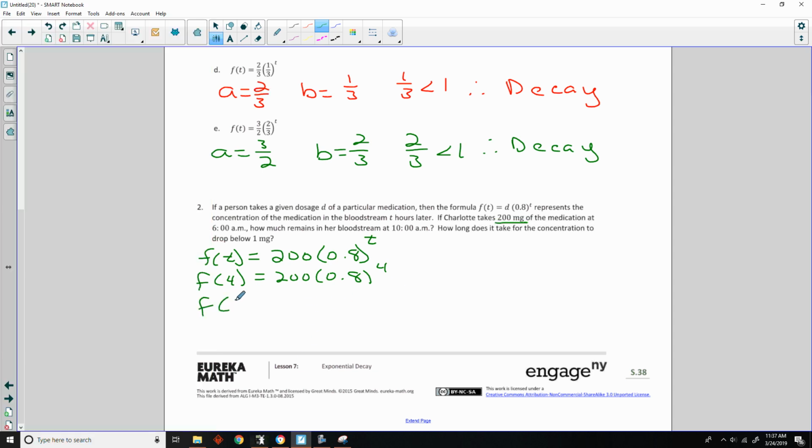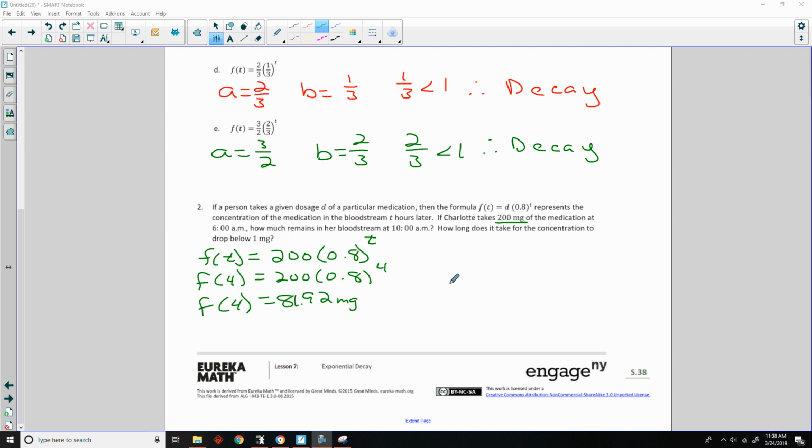So f of 4 equals 81.92 milligrams would remain in her bloodstream 4 hours later. The next part of this problem says, how long does it take for the concentration to drop below 1 milligram?